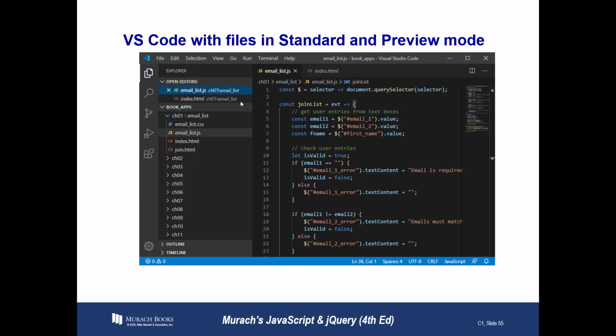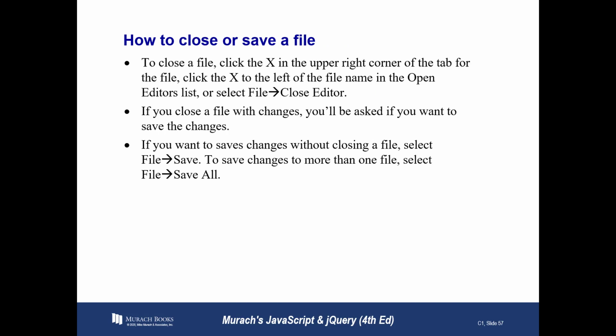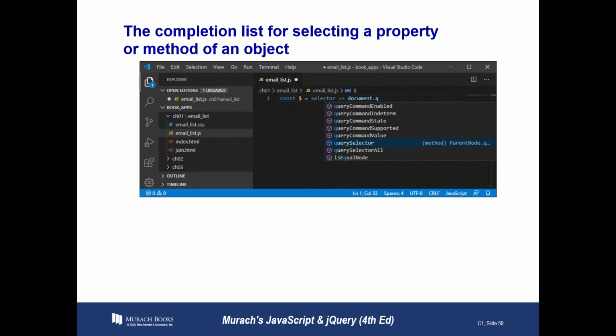Some people find this dark color easier to read. I find, especially when I make my videos, that the light is easier to read. You may agree, you may not agree. Again, we'll go through previewing or opening files, closing and saving files, adding, renaming, and deleting files. We'll go through all that stuff.